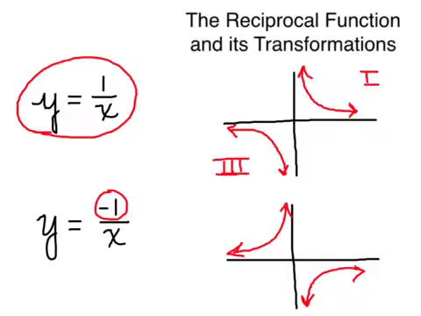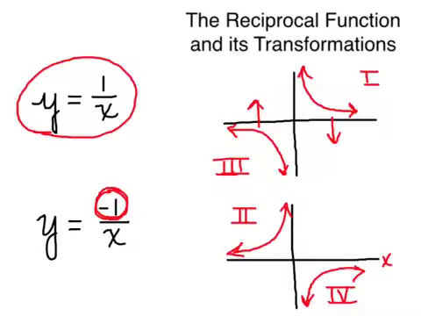So each branch is flipping over the x-axis in a vertical motion. So that's called a vertical flip or a reflection over the x-axis. So whenever you see a negative on a reciprocal function, it puts it in quadrant 2 and quadrant 4. That's where the curves go.